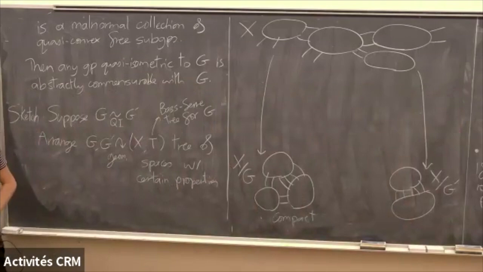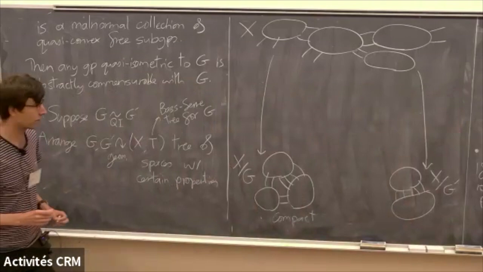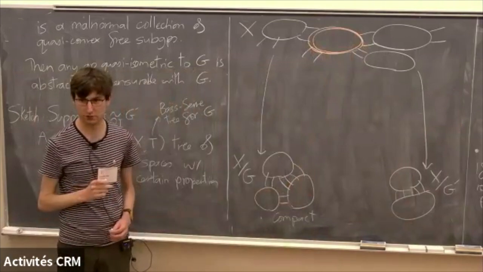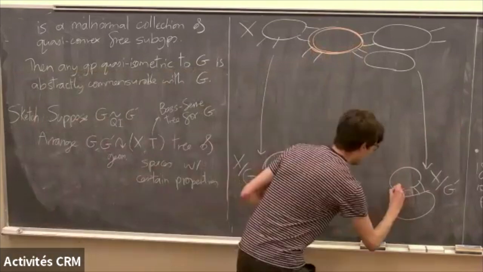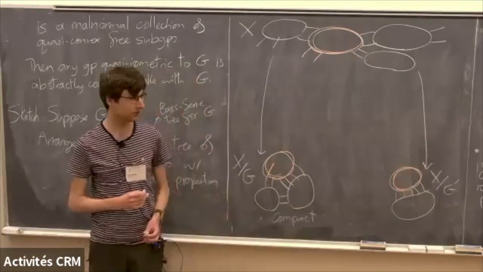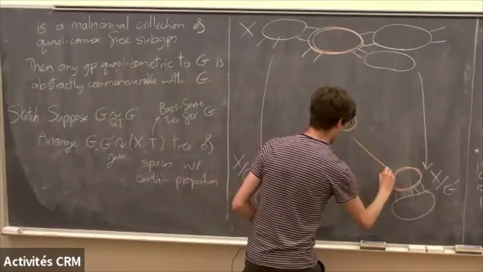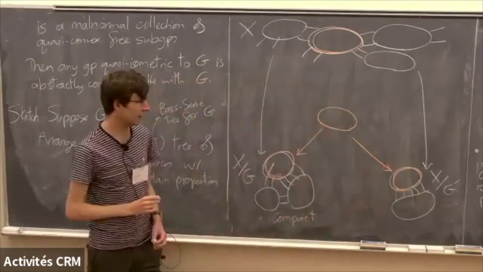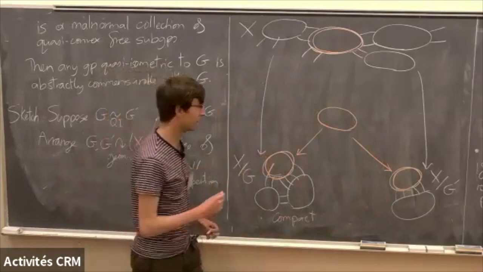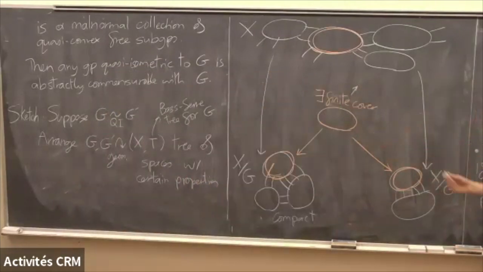Okay, what color? Let's do orange. So let's consider one of the vertex groups upstairs and look at the corresponding vertex groups downstairs. The first thing is to get a common finite cover of these vertex spaces. Okay, so already we're using one of the additional properties of the space X here.